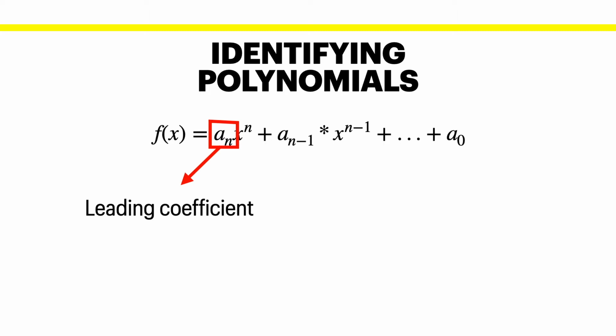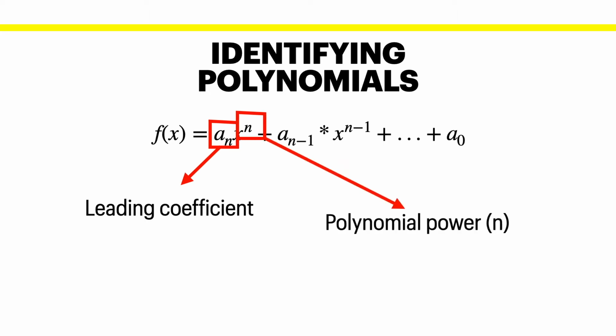The leading coefficient is the value right next to the highest power of x, or whatever variable is in there. Next, we have the n over there, and that's called the polynomial power. To identify what kind of polynomial it is, you have to know the highest power that it has. So let's go for an example.